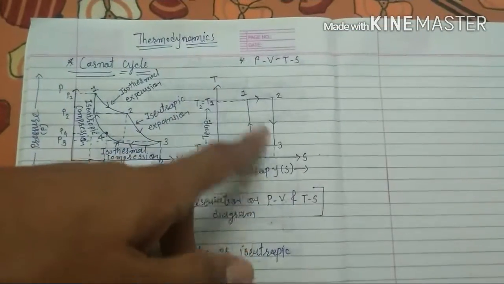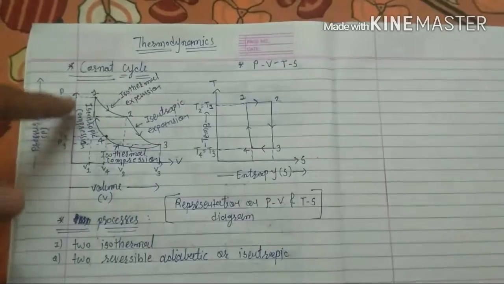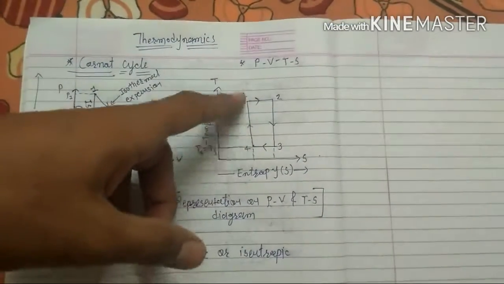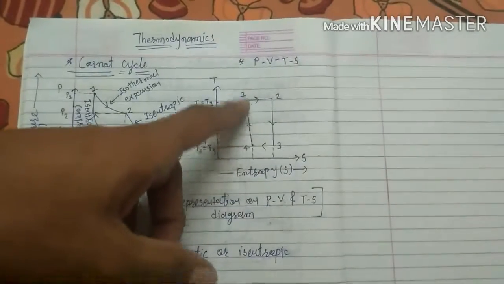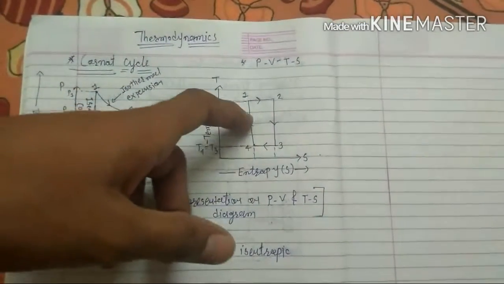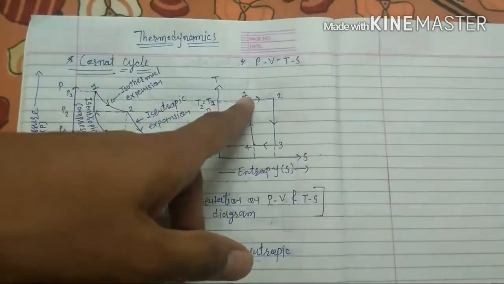In the TS diagram, during this isentropic compression process the entropy remains constant, and because it is compression, the temperature increases from T4 to T1.